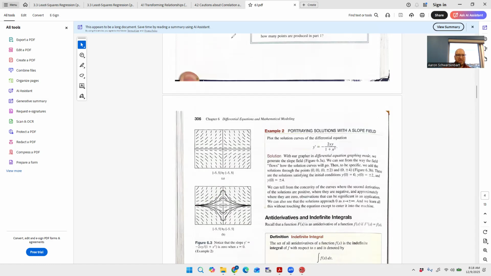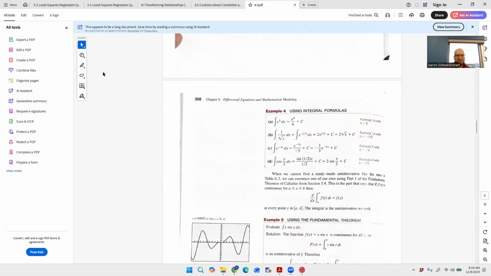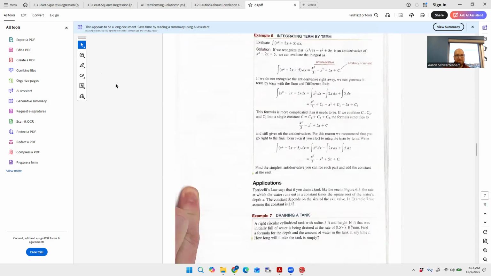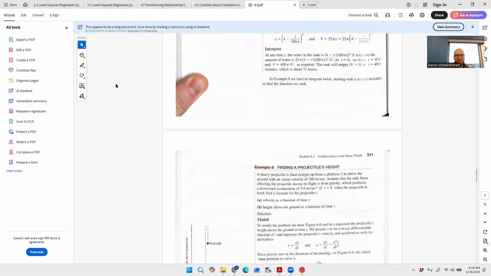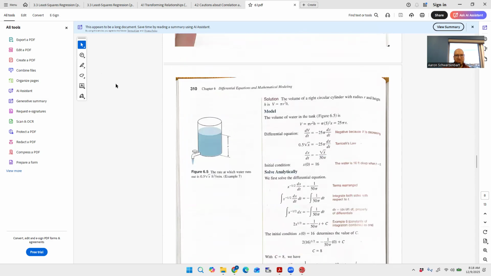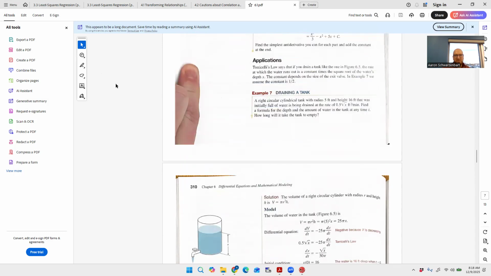Okay, doing a differential equation. So we have a right cylindrical tank with radius 5 and height 16, initially full of water, being drained at a rate of 0.5 times square root of x cubic feet per minute.